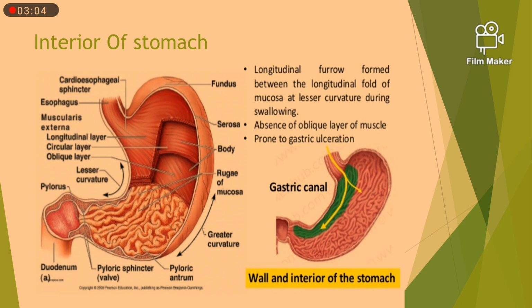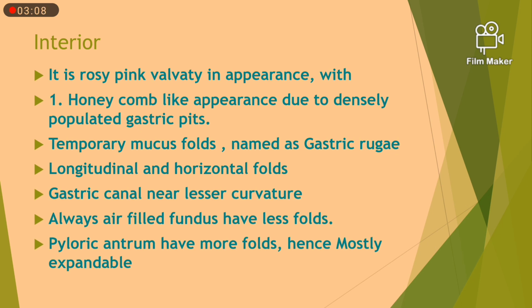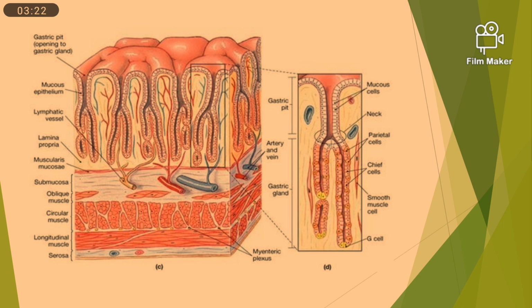Interior of the stomach: it has some gastric rugae, longitudinal and vertical folds, and you can see the gastric canal. The interior is rosy pink, with a honeycomb-like appearance. Temporary mucous folds are there, longitudinal and horizontal folds. This is the structure of a gastric pit.